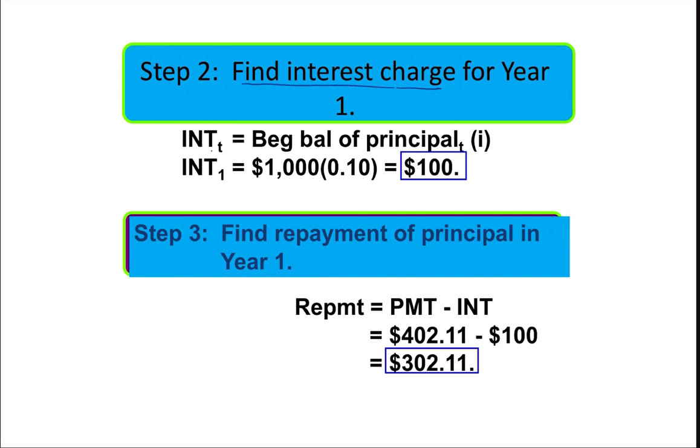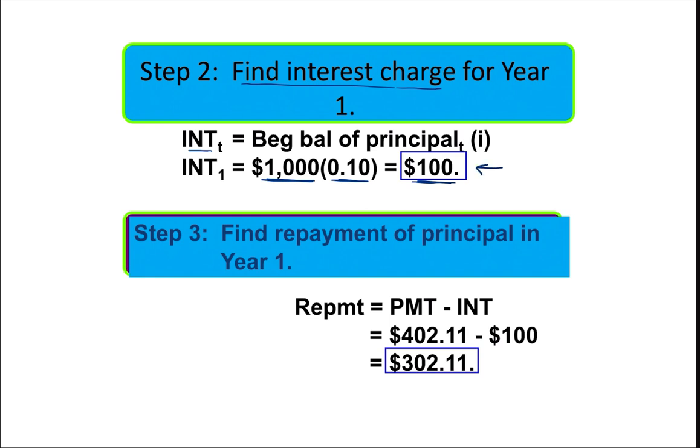Next step, find the interest charge for year 1. To find the interest, we take the beginning balance of the principal times the interest rate, which is 10%, and we get $100. So our interest charge for our first payment is $100.